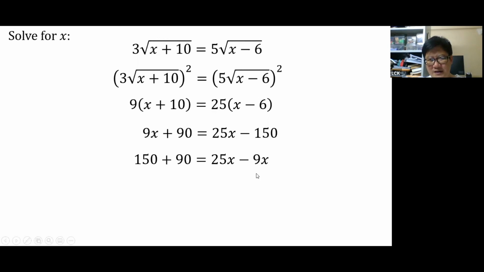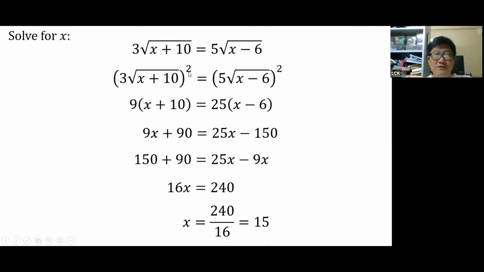When you bring this over, the minus 150 becomes plus 150, plus 90. So 25x minus 9x is 16x. 16x equals 150 plus 90, which is 240. So your x equals 15.